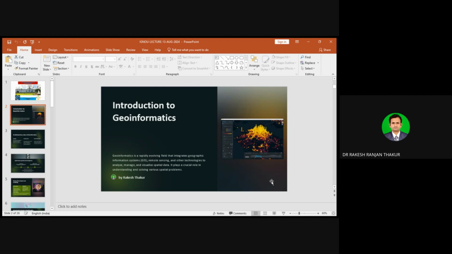Also in our coming topics we will briefly discuss what geospatial data is, what different types of data are used in GIS, and what different analysis tools we use in GIS. It is very important because it gives us a platform where we can integrate different technologies, analyze the data, manage the data, and also visualize the data.